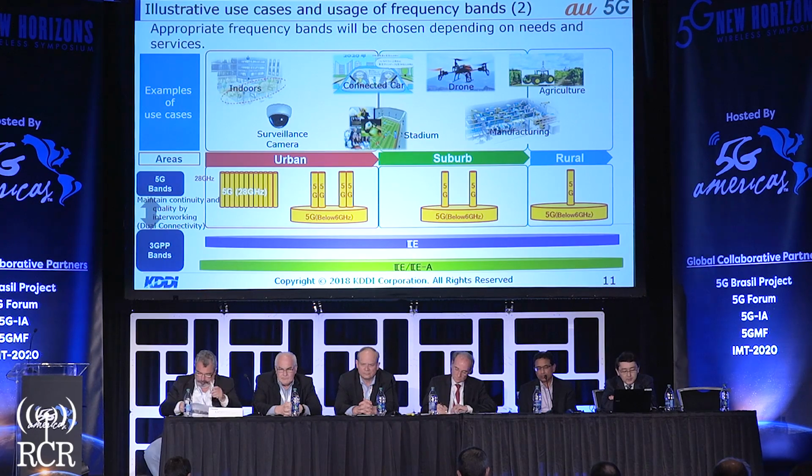So this figure illustrates typical frequency band deployment scenarios in a variety of locations. What I'd like to stress here is that 5G will be deployed where requirement exists in urban, suburbs, and rural areas.